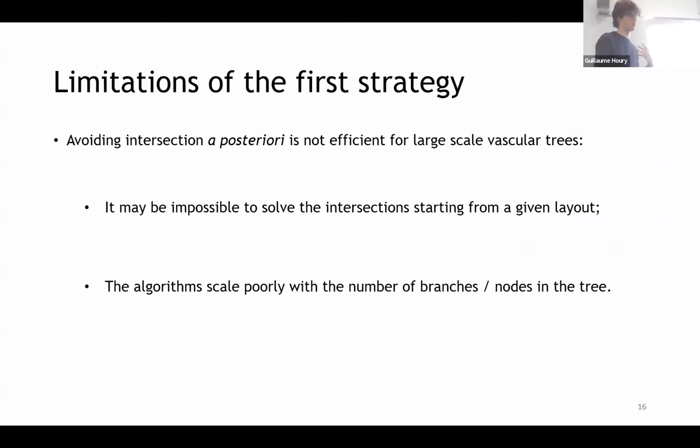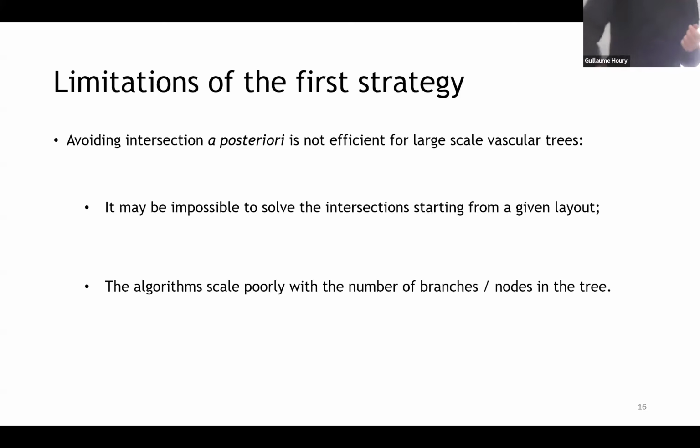First, because depending on what technique is used for the second step, it may be impossible to find an adjustment of the first embedding that will remove all the intersections. And second, even if a solution exists, moving one branch may create one or several other intersections elsewhere. So this makes the problem quite hard to tackle computationally.